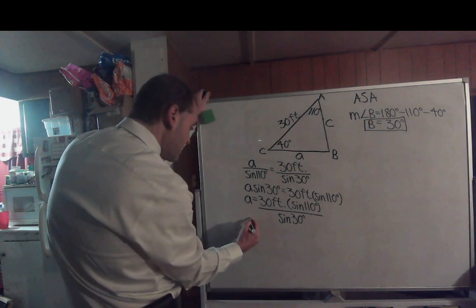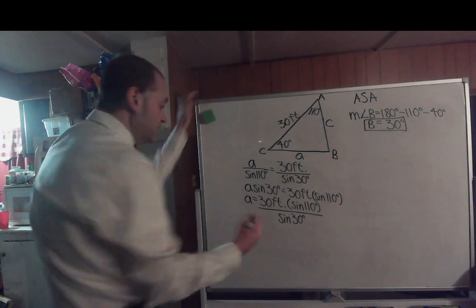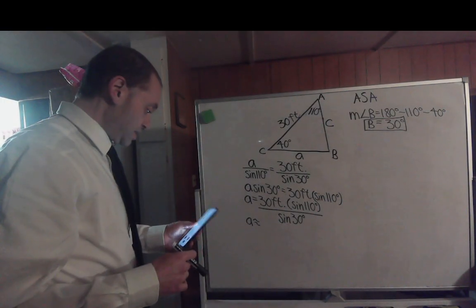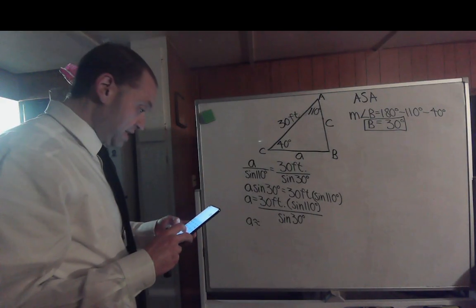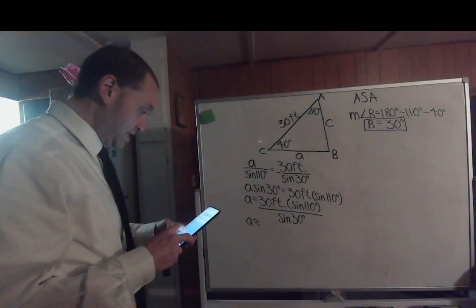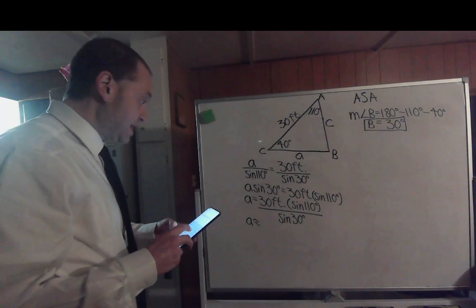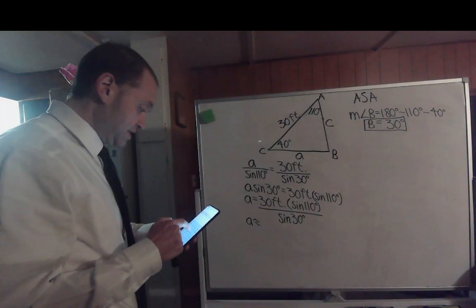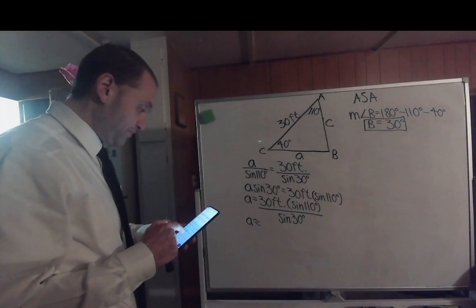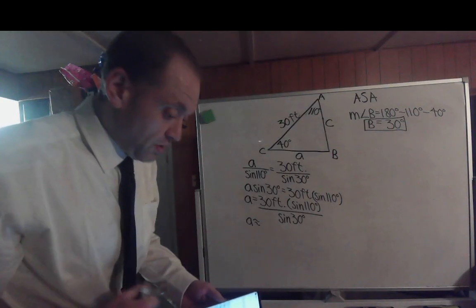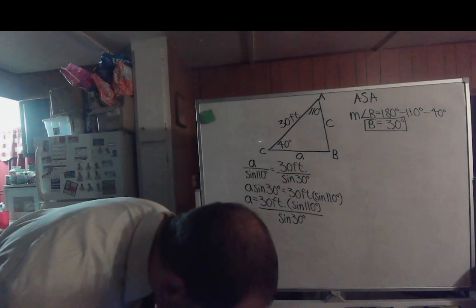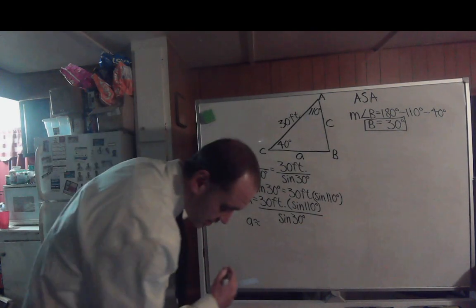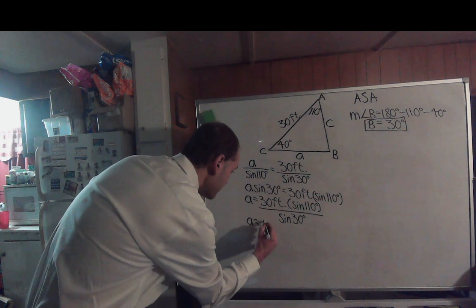Now we should be able to get a 2 decimal place approximation for side A. So let's see, that was 30 times the sine of 110. Take that, divide that by the sine of 30. So to 2 decimal places, you should get a length of approximately 56.38 feet.